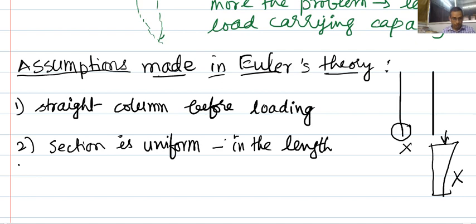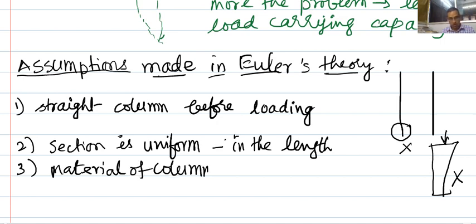Okay. The third important assumption is the column material is perfectly elastic, homogeneous, isotropic, and obeys Hooke's law. Right. The material of the column, what is that? Elastic. Elastic means it must obey Hooke's law, right.